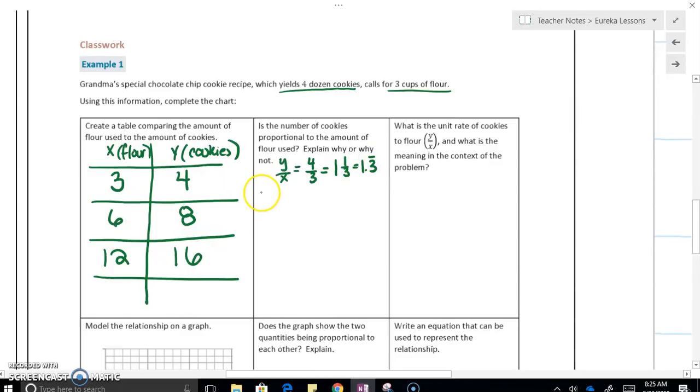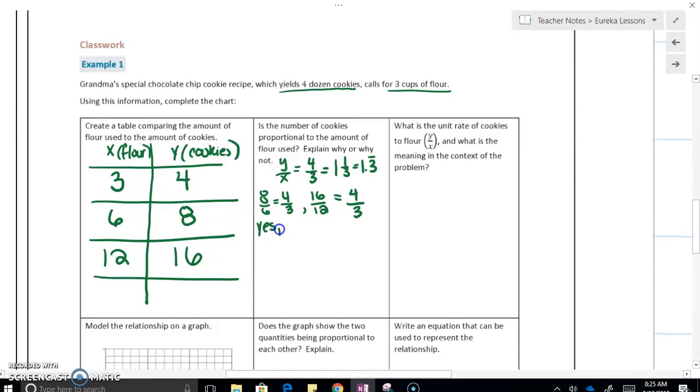If I do 8 over 6, it's going to reduce to 4/3. If I do 16 over 12, once again, that reduces to also 4/3. So since I got a consistent unit rate, I can say yes, it is proportional.